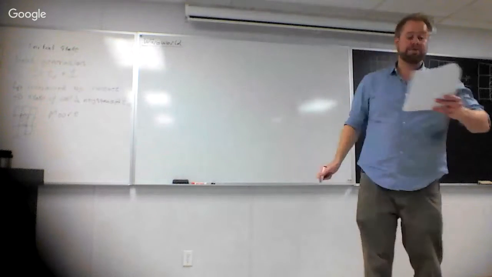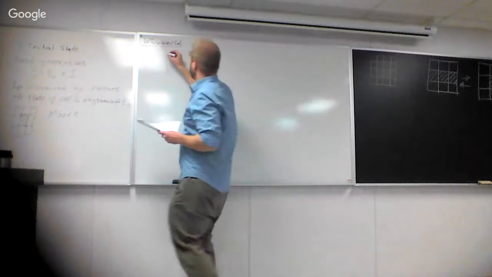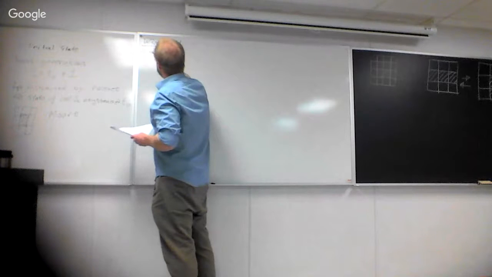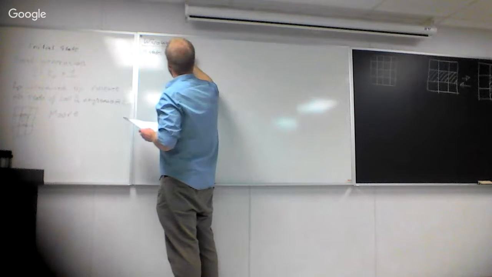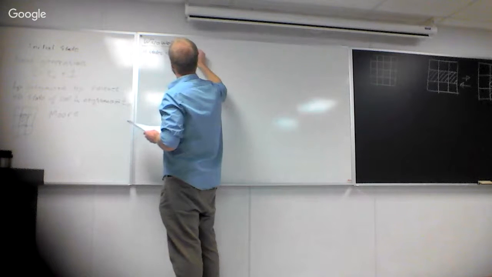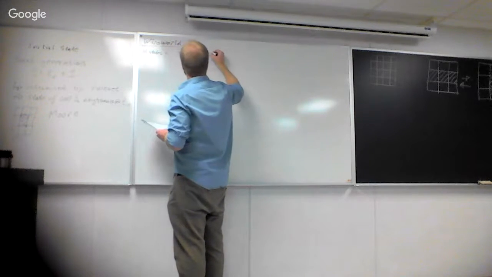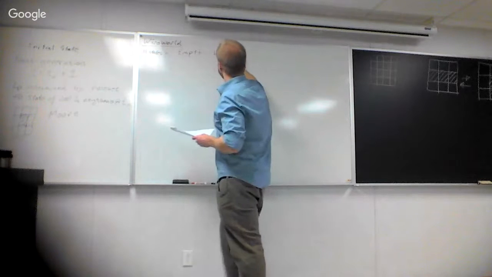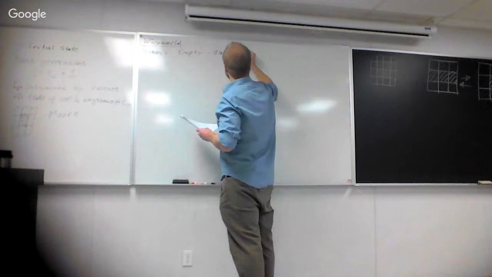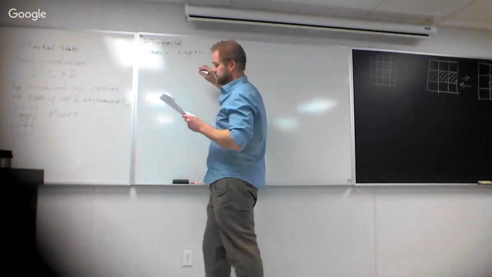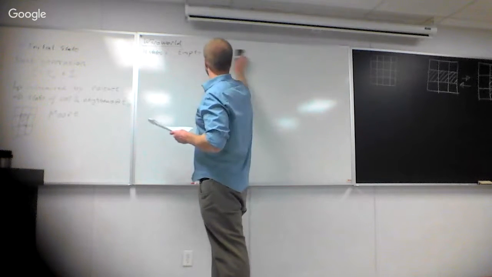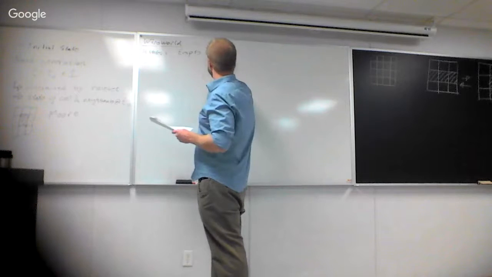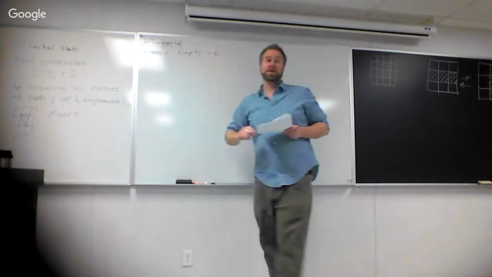Okay, we're going to have 4 states. Okay, we're going to have empty. So empty is going to be type 0. Okay, state 0.